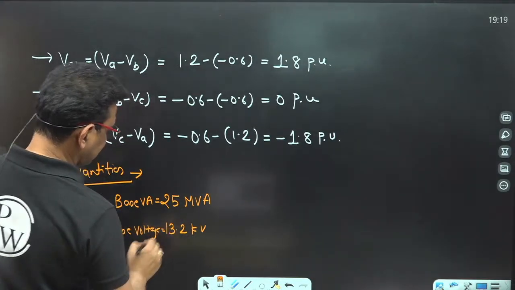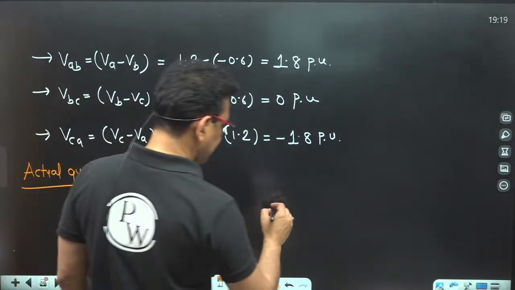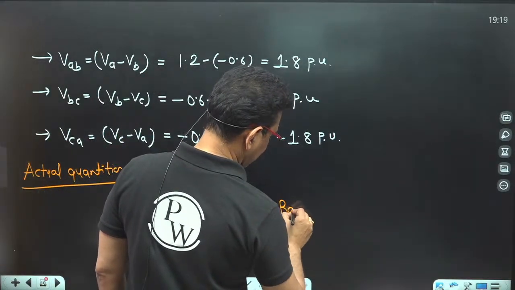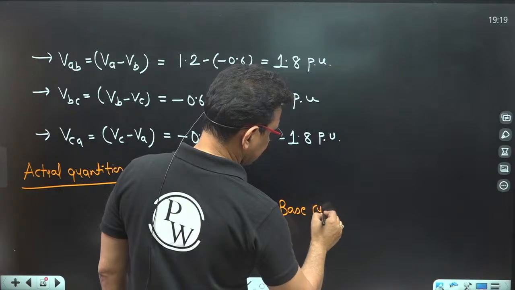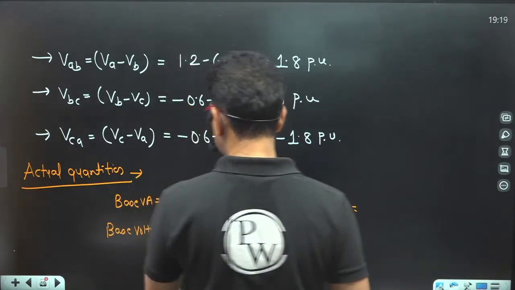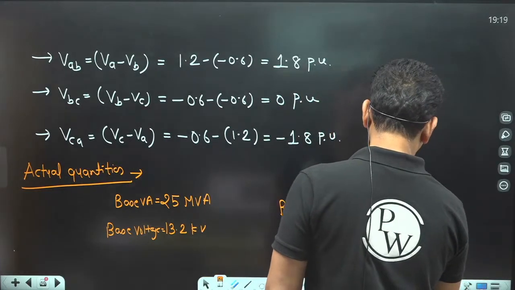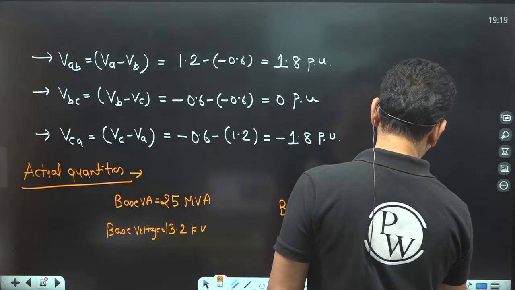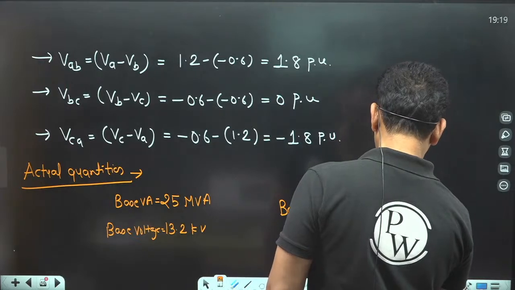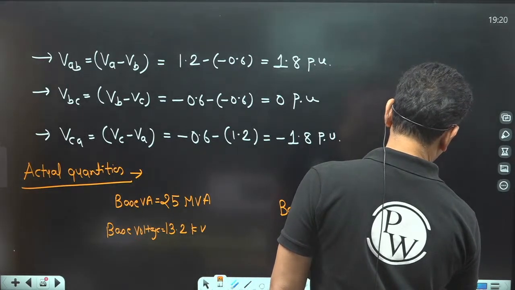If you know the base voltage and the base MVA, you can find out the base current. So what will be the value of base current? Always remember it is a three-phase circuit. So this is the three-phase MVA and this is a line voltage. So 25 into 10 raised to the power 6 divided by root 3 into 13.2 into 10 raised to the power 3.